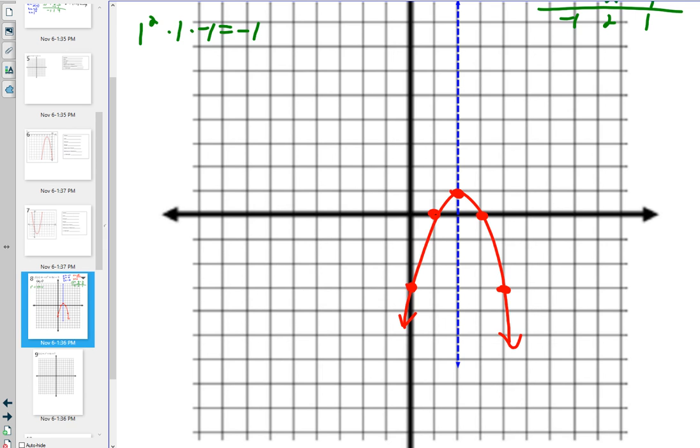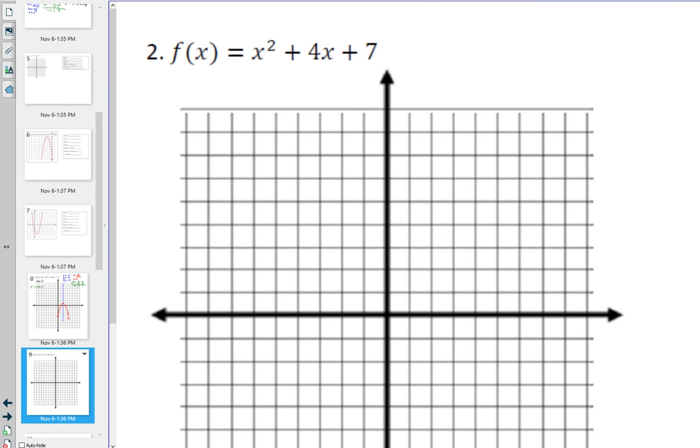Okay, good. All right. This one we didn't do. So H is negative B over 2A. It's going to be negative 4 over 2, which is negative 2.